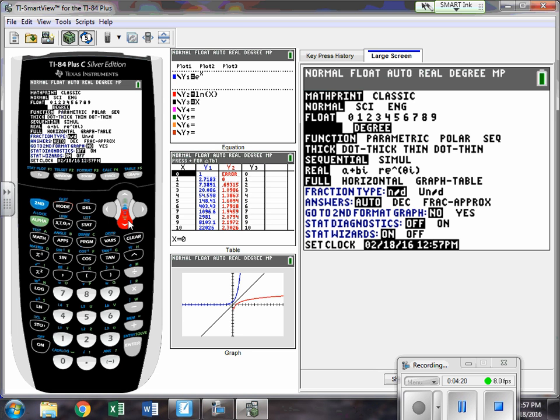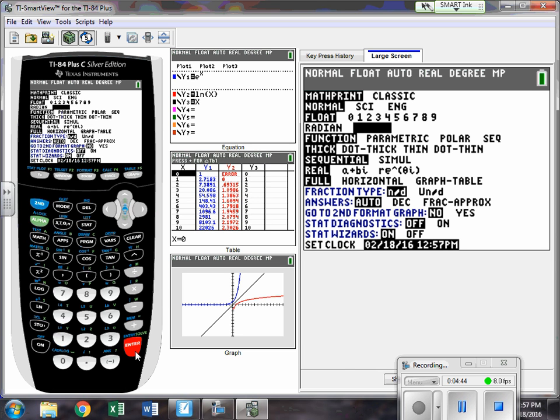When you scroll down, you'll see a section with both radians and degrees. Make sure that your calculator is set to degrees. You would just highlight degrees and press enter. Mine is currently set to degrees.